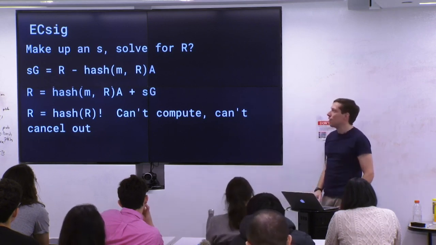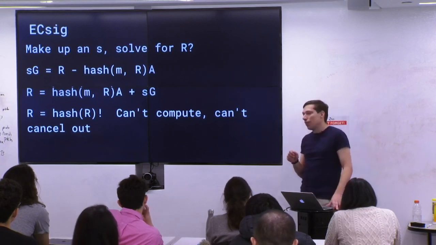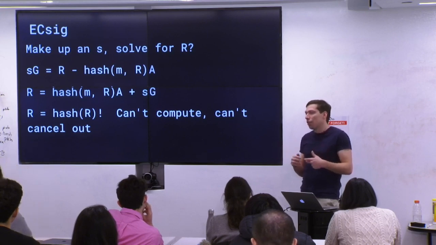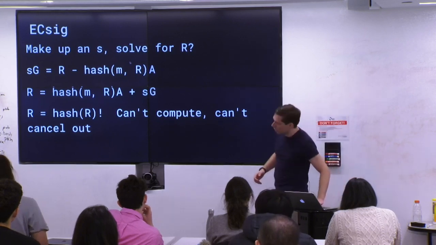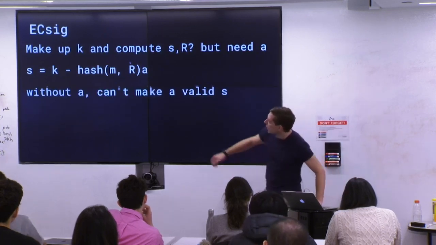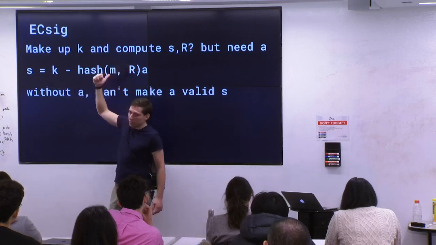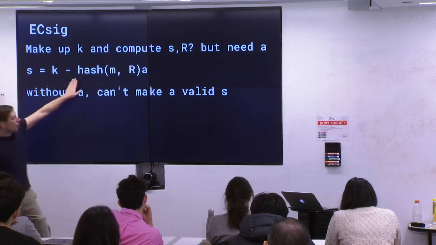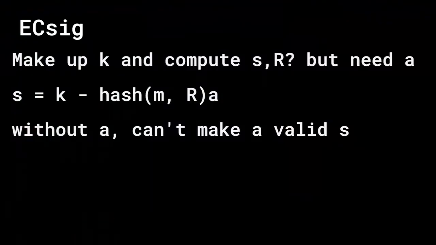If you look through the equation, you'll see that if you have two of the same K's with different S's, you can solve for K. And once you solve for K, you can find what little a is, as a verifier. You know S, that's part of the signature. I know this whole coefficient. If I know K, I can solve for little a by dividing this out. So always use a new K value.